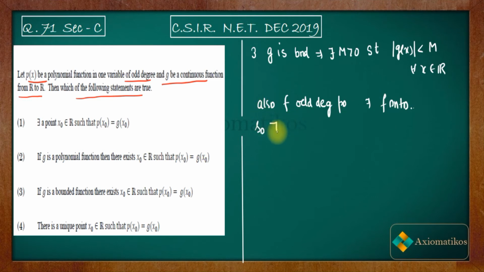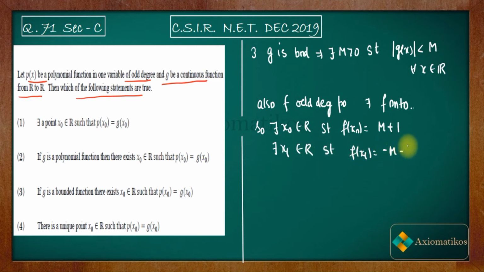So there will be some x naught belongs to R such that P(x naught) is m plus 1. Similarly, there will be some x1 belongs to R such that P(x1) is minus m minus 1.